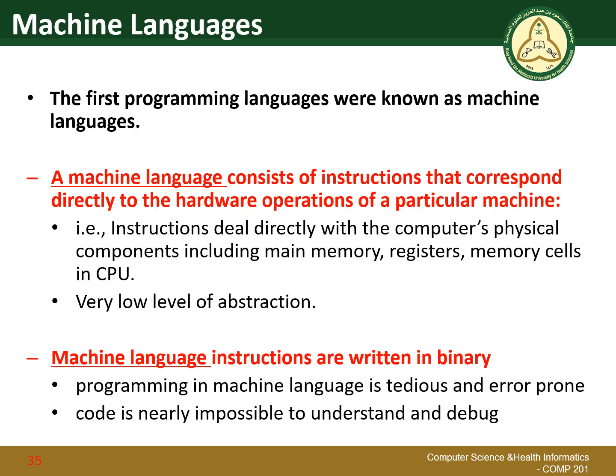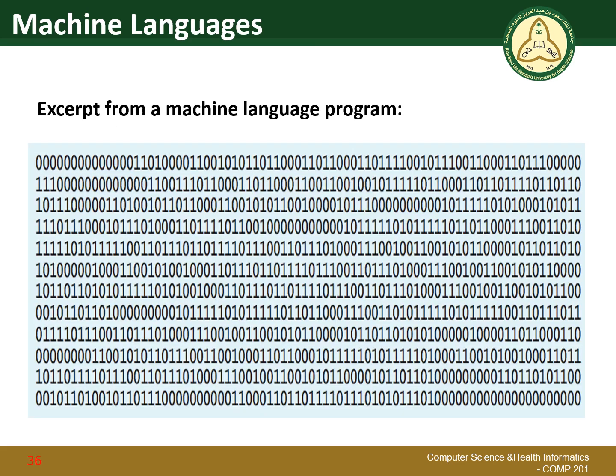So it deals directly with the physical components, including main memory, registers, memory cells, and the CPU. It is a very low level of abstraction written in the binary system, zeros and ones. For that, it is tedious and error prone, and hard to understand and debug. This is an example of machine language code.